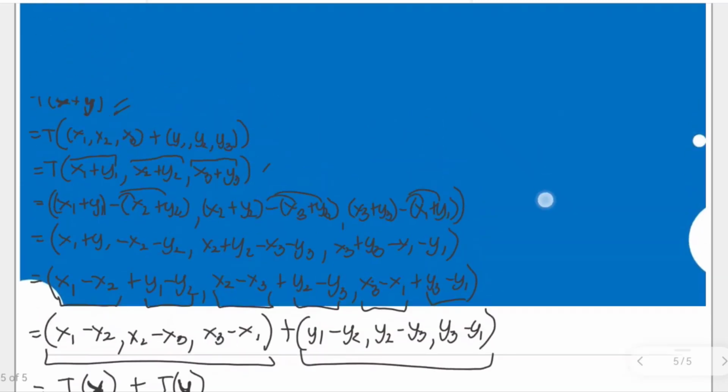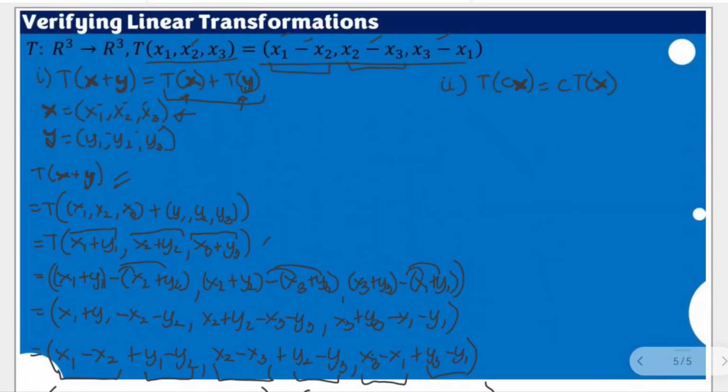Let's proceed to the second condition, as we are going to use c as any scalar. In short, the transformation of c times vector x can be expressed as c times the components of your vector x: x sub 1, x sub 2, x sub 3. Let's multiply these first. You have c x sub 1, c x sub 2, and c x sub 3.